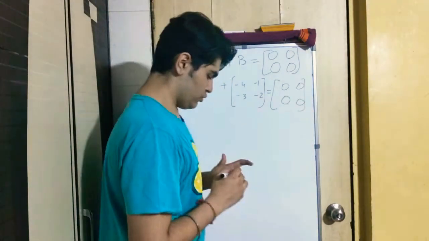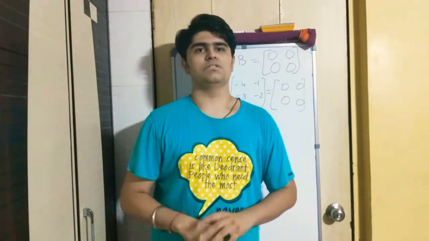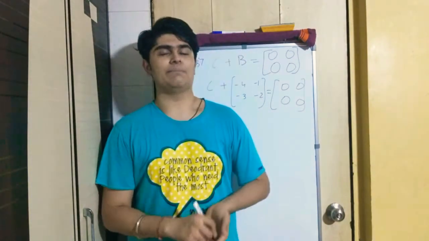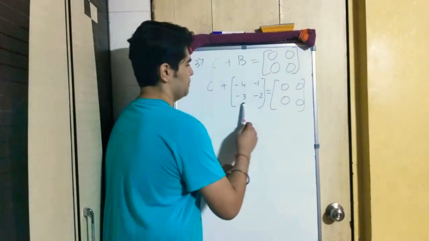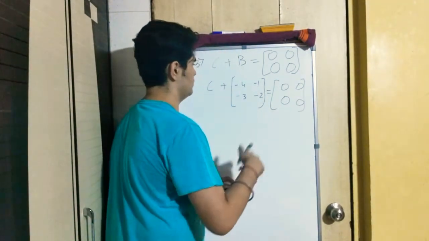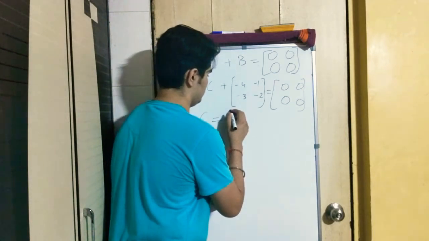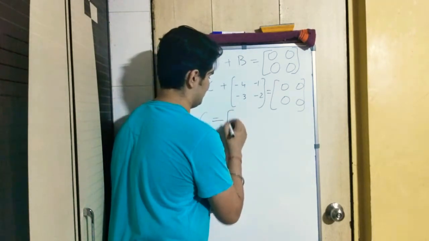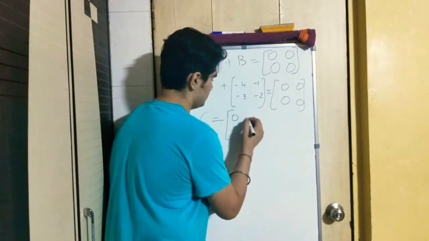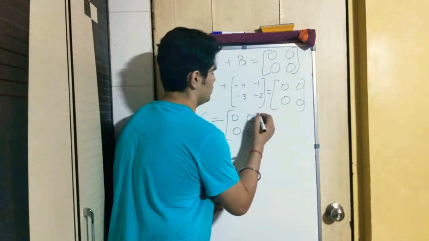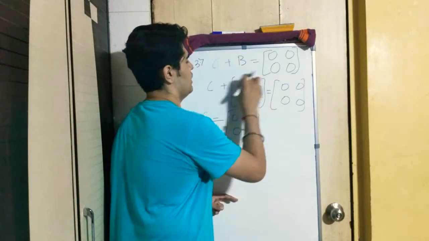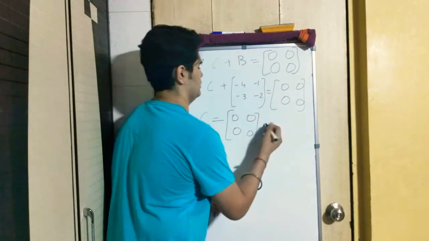Whatever you do in an equation, in a quadratic equation or a simultaneous linear equation, you have to do the same thing, that is, bring it to this side. C is equals to, we write this as it is, 0, 0, 0, 0, and we take this matrix B on the right hand side.